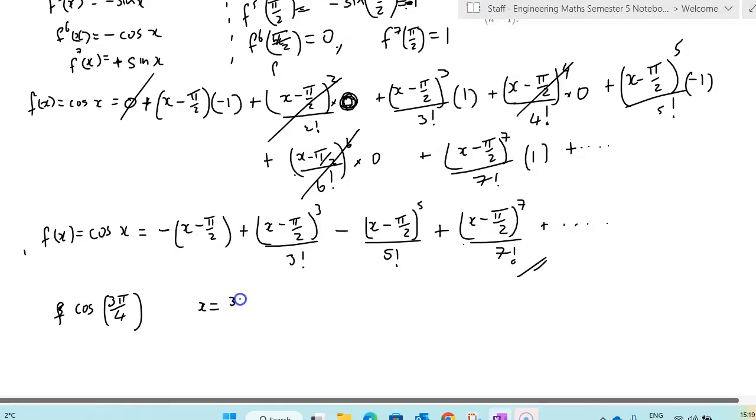So x is equal to 3 pi over 4. Now that means, to make it quick, I can do what's inside these brackets first, because x minus pi over 2 is equal to 3 pi over 4 minus pi over 2, which just gives me pi over 4.